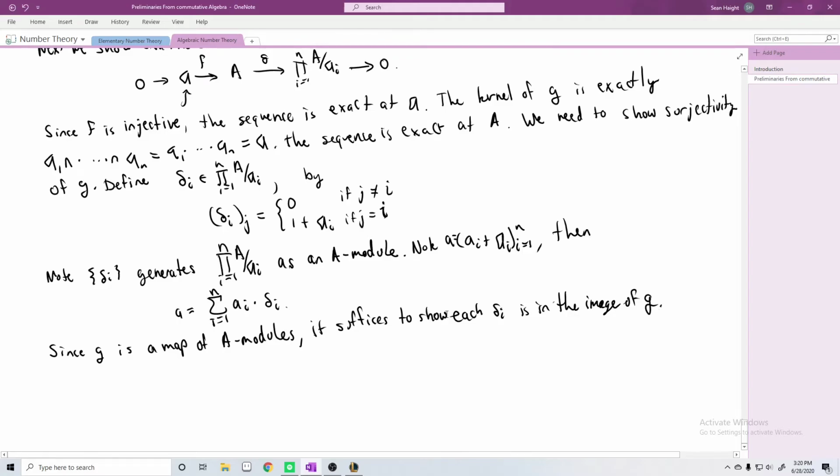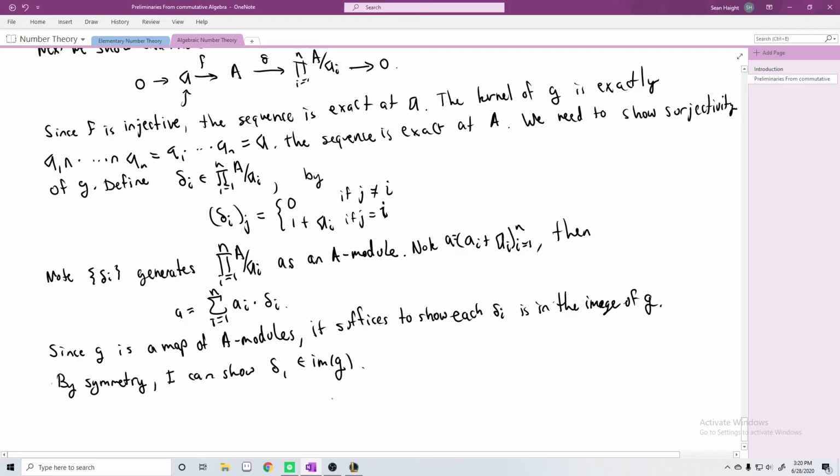G is an A module homomorphism, so it suffices to show each element of this generating set is in the image of G. This problem is fairly symmetric, in the sense that if I can show delta 1 is in the image of G, then I can slightly adjust the argument to show that each delta sub i is in the image of G. So, without loss of generality, by symmetry, I can show delta 1 is in the image of G.